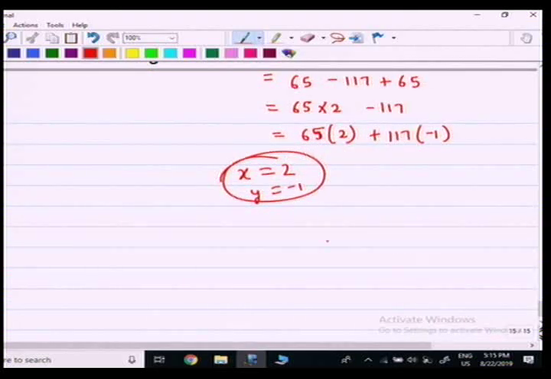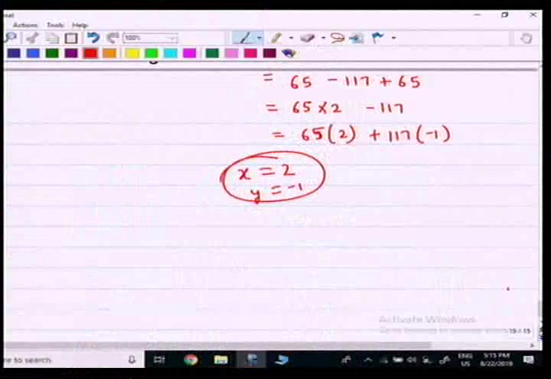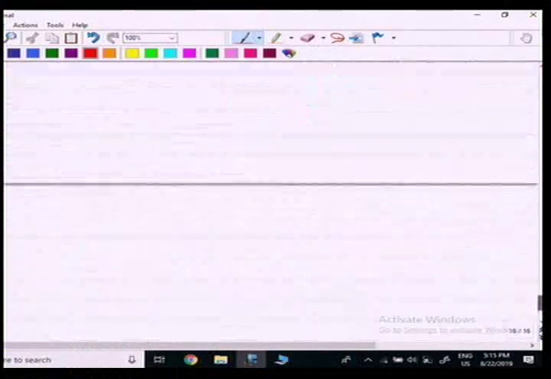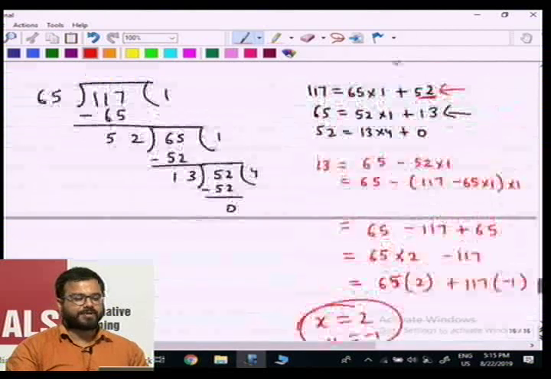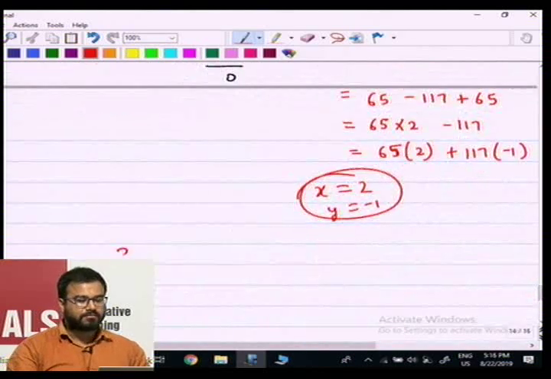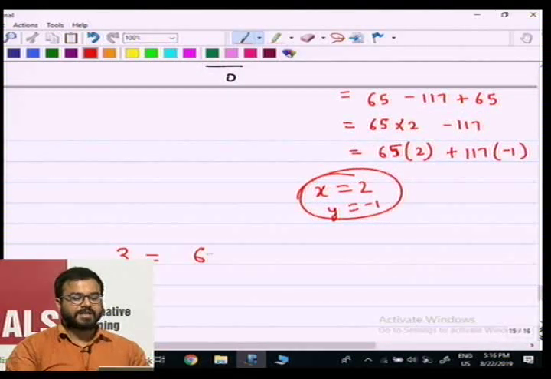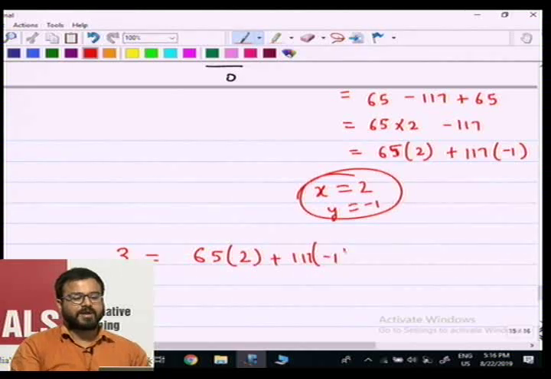Okay, welcome back. So till now we have done how to find the HCF and how we can write that HCF as a linear combination of those two numbers. Now one important point is that, like in the previous question, we have written 13 as 65 into 2 plus 117 into minus 1.